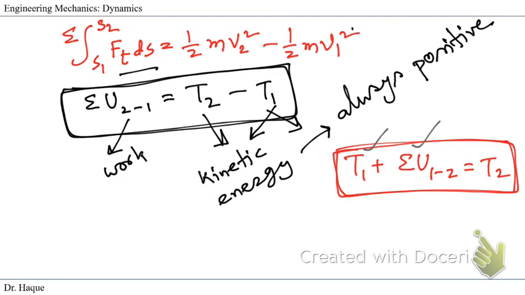So if a particle had the initial kinetic energy T1 and some work is done from the current position to a new position 2, which is the summation of work done U12, that will be equal to the final kinetic energy that the particle has, which is T2. This is the principle of work and energy.